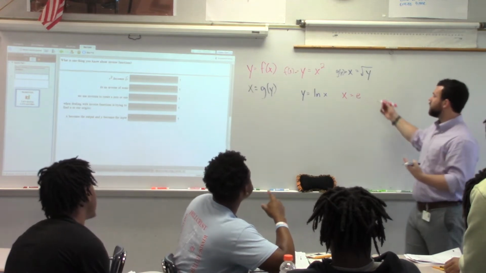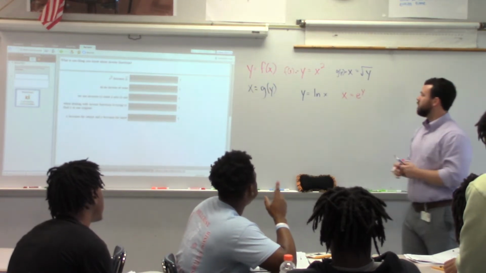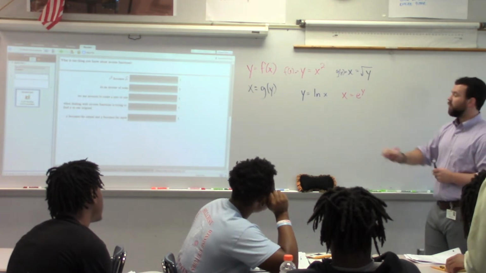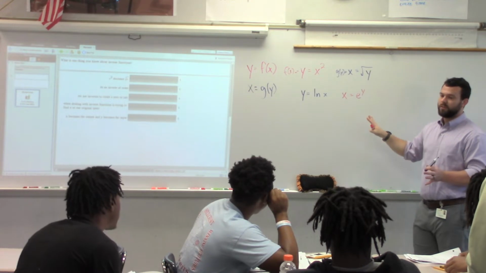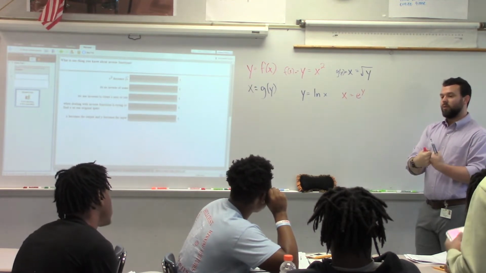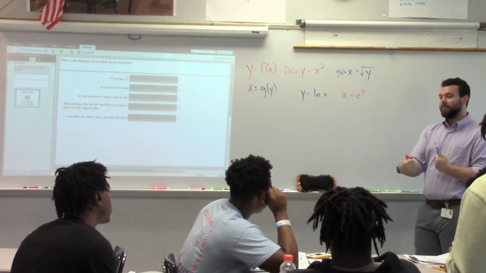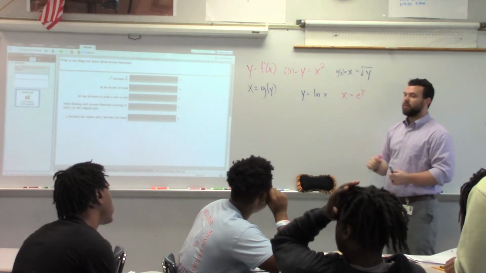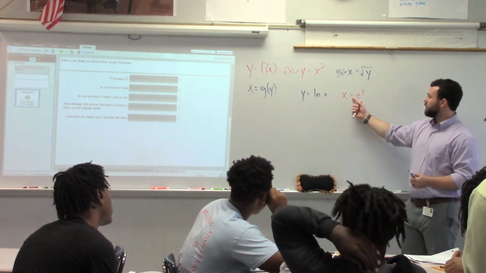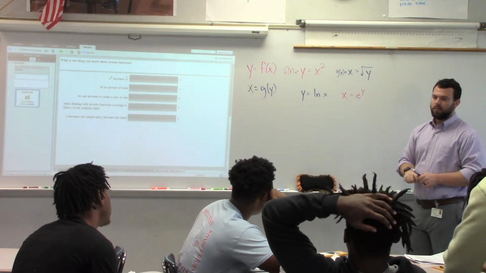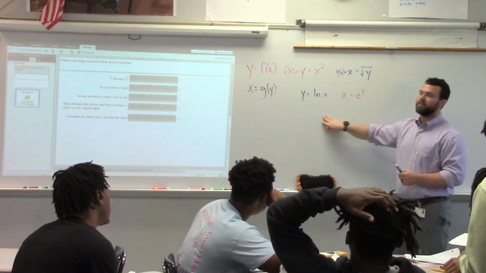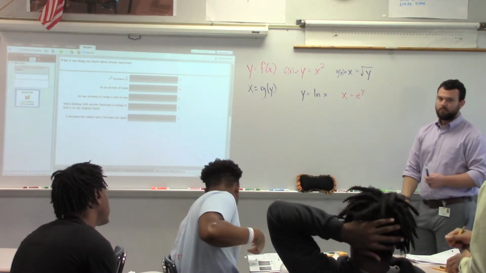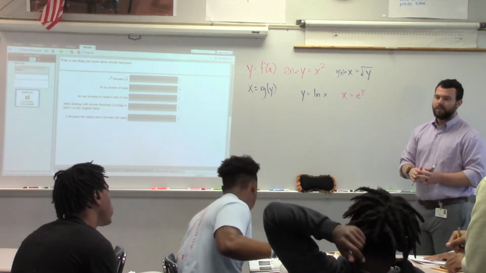E raised to y. Remember, what was the output becomes the input. I'm just asking what's the inverse function. You're starting to try to compose them, or maybe what we did to get that inverse. I'm just saying, if y is equal to the natural log of x, what's the inverse? Well, x equals e to the y. The inverse of a logarithm is an exponential. The inverse of an exponential is a logarithm. So that's a big part of it.